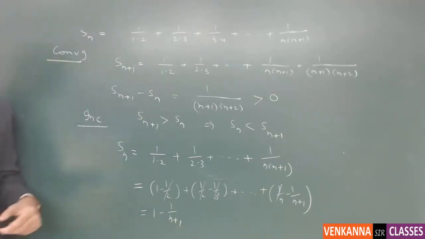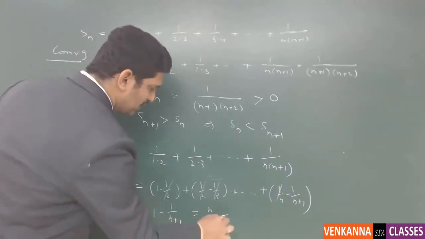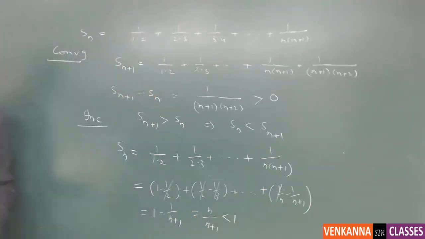If you consider the LCM, it is nothing but n by n plus 1. It is always less than 1, because if you divide a number by one increment, the value will be less than 1. 5 by 6, 2 by 3, 3 by 4, always less than 1. So what is the upper bound of this sequence? 1. Therefore, it is bounded.